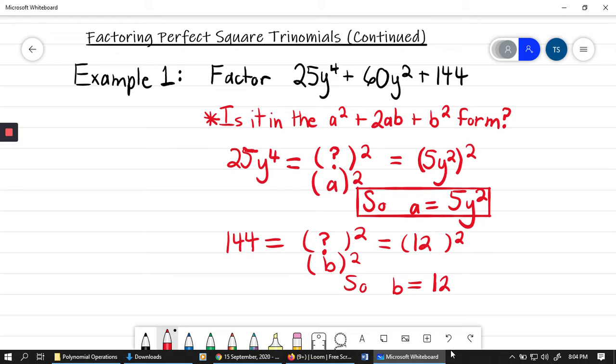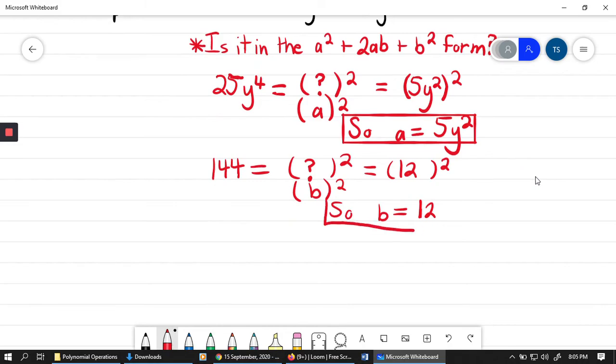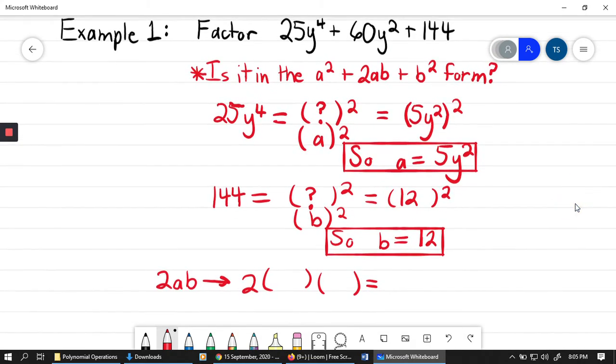Alright, so let's check that out. Let's see if 2ab is the same thing as 60y squared. Let's write out 2ab and substitute what we need to, to see if it winds up being equivalent to 60y squared.